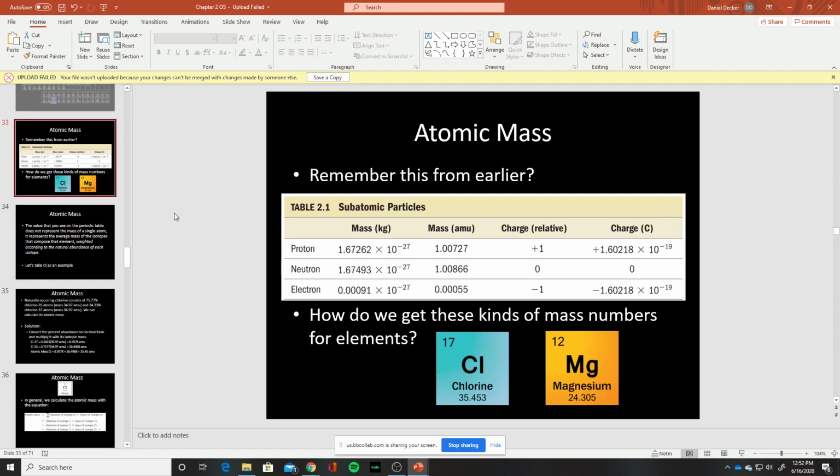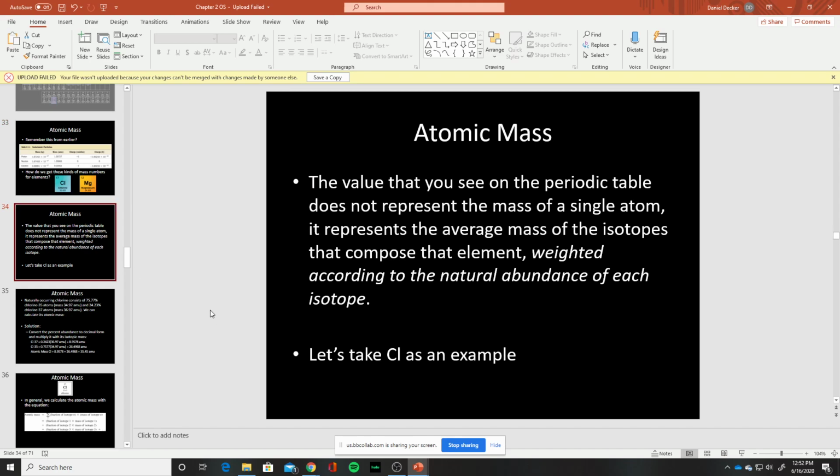Let's see, so the atomic masses, you should understand that the masses from the periodic table are the weighted average of all the different isotopes for that element. However, I did not put any questions in where I have you calculating that yourself.